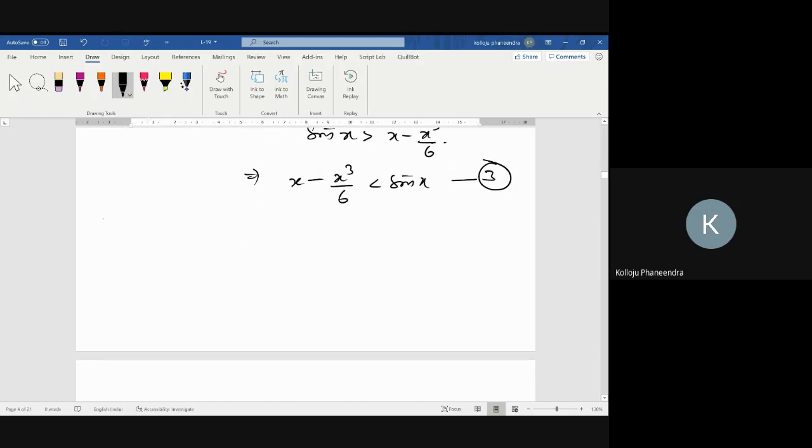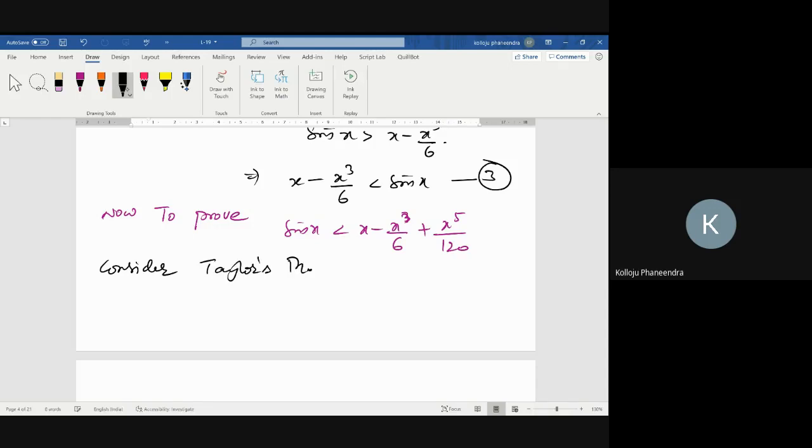Similarly, now, using the same logic, to prove the other inequality: sine x less than x minus x cube by 6 plus x to the power of 5 by 120.